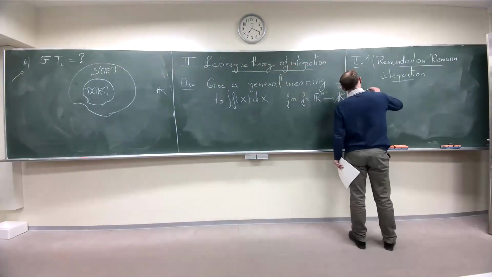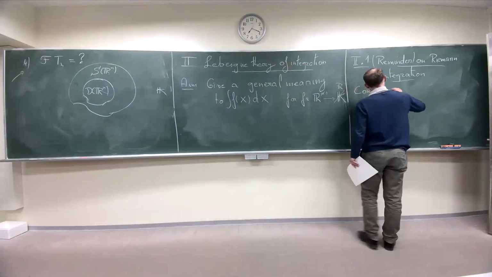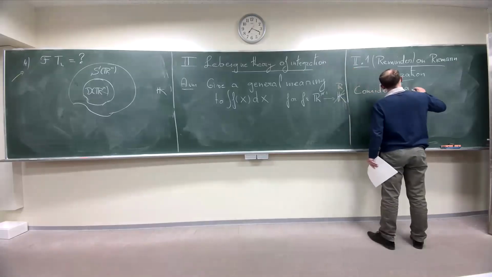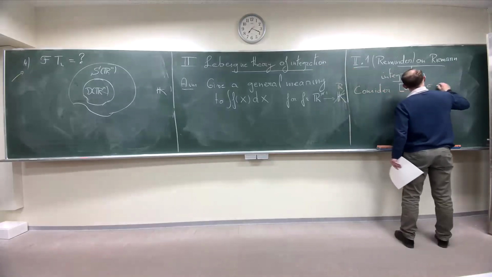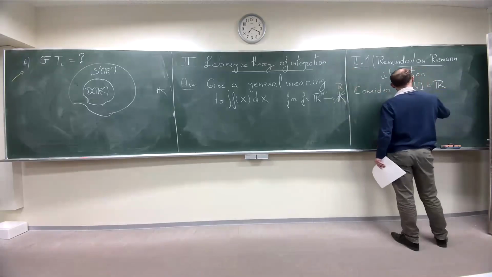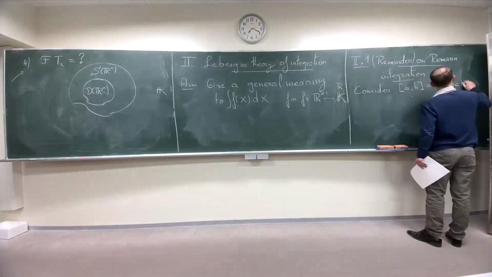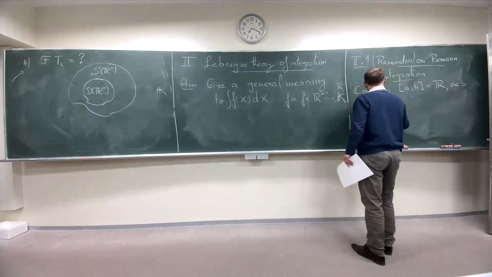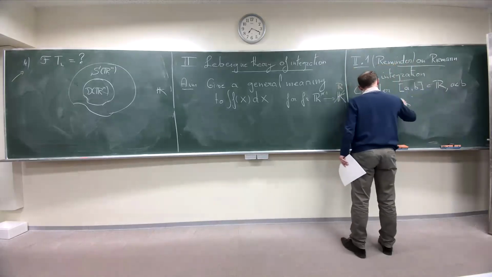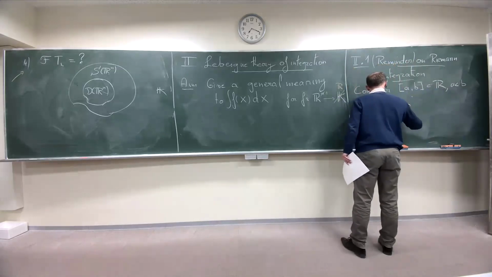So I consider an interval in R with a strictly smaller than b. So it means I'm really on the line and I consider [a,b] like this.